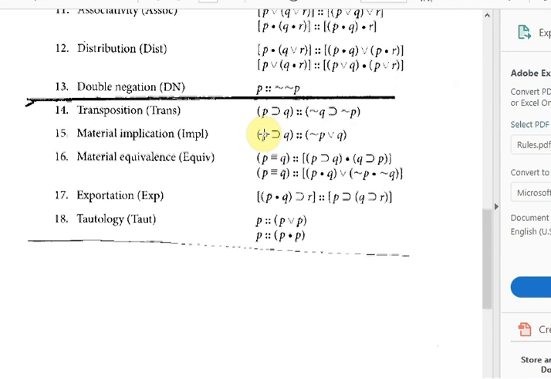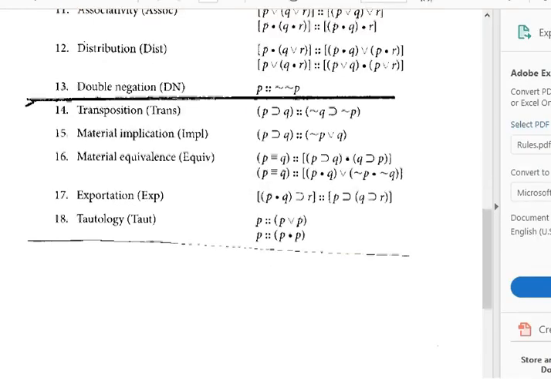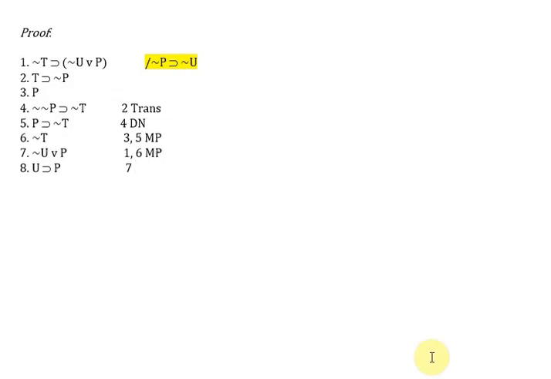The negation is dropped over here, and then we switch the operators from a wedge to a horseshoe. Okay, well, again, the rule that allows us to do this was we applied material implication, IMPL, to line 7, right? Material implication to line 7.